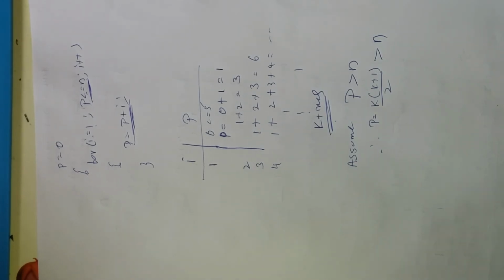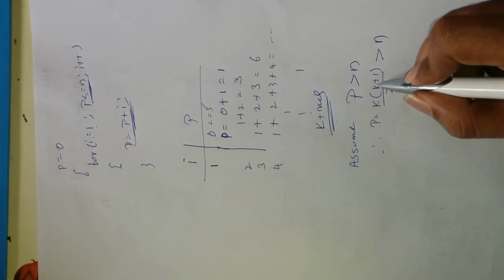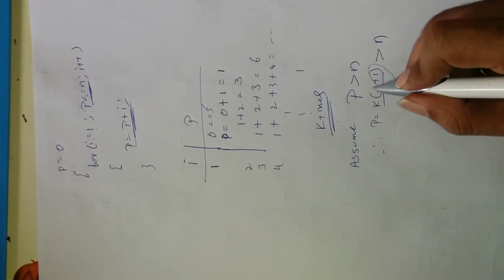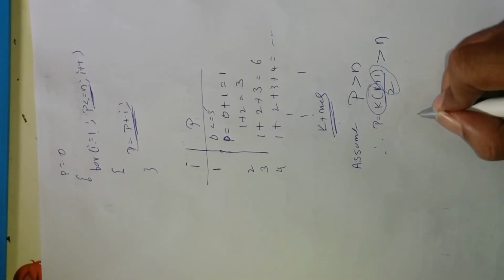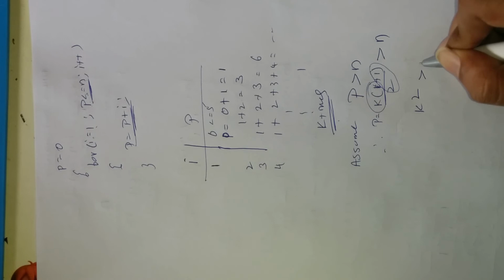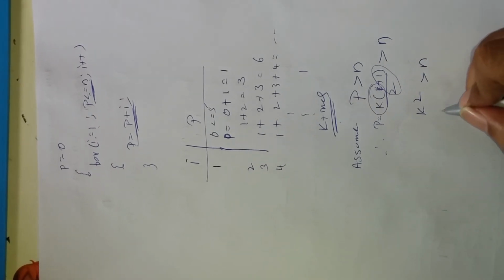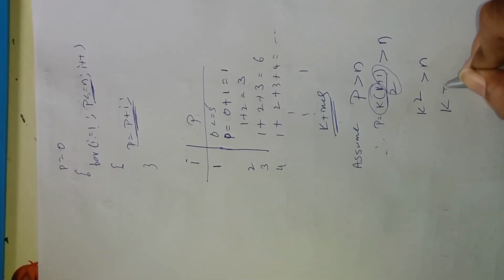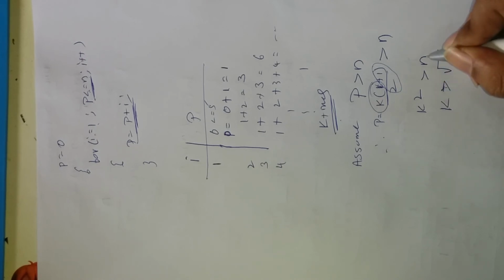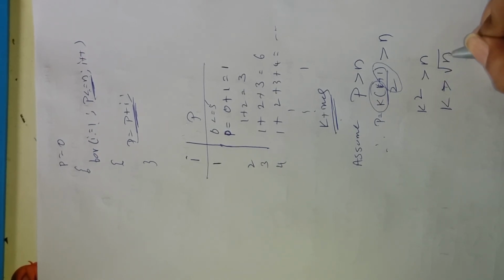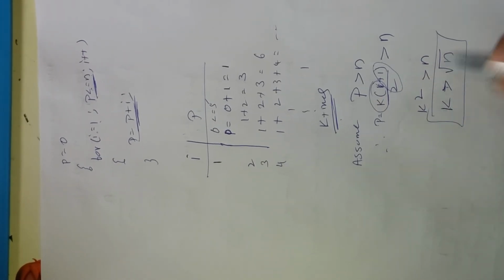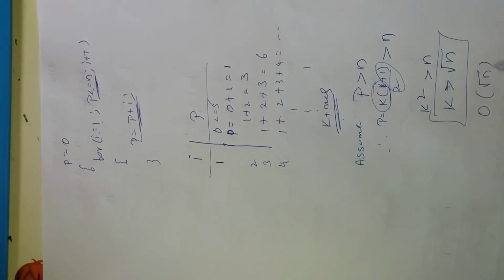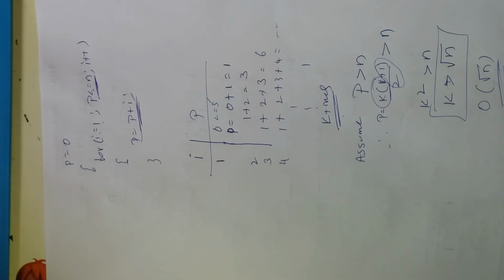Order of n? Yes. Now, we have to exclude the constants. Only k into k we have to take. So, k square greater than n. So finally, k is greater than root n. The order is root n. This is the final answer.